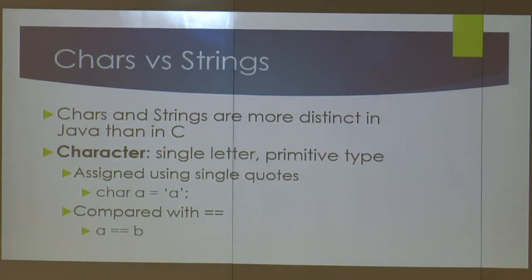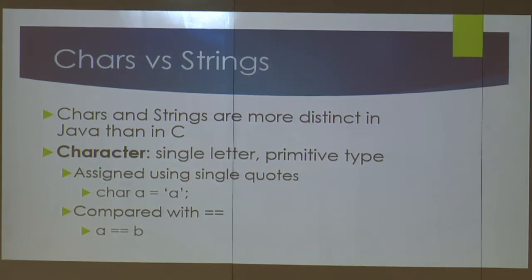Chars versus strings. In certain languages like C, we don't have a string variable type. We can just make an array of characters, but it's really convenient in Java because we do have a string variable type. That gives us more power over our programs because there are predefined methods for strings, and they're easier to work with than having to make an array of characters every time.